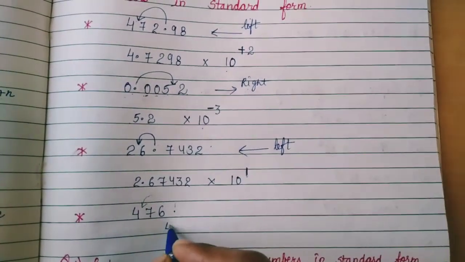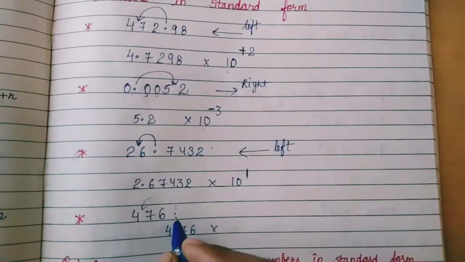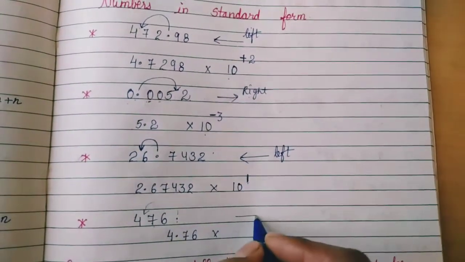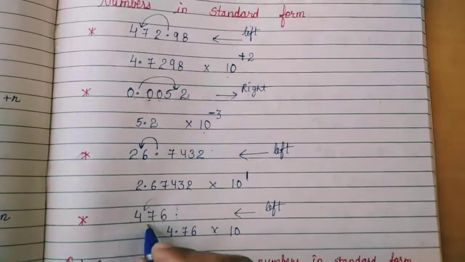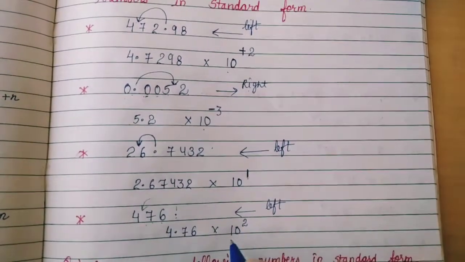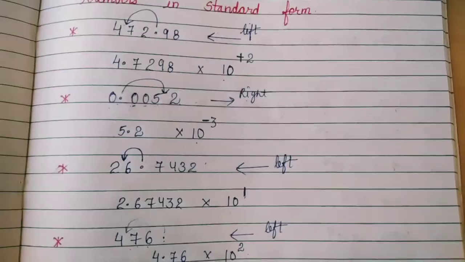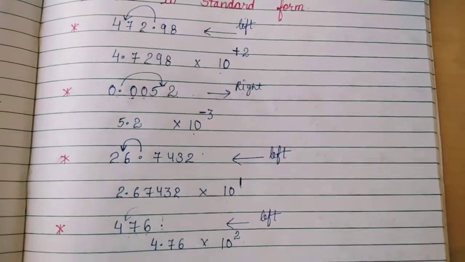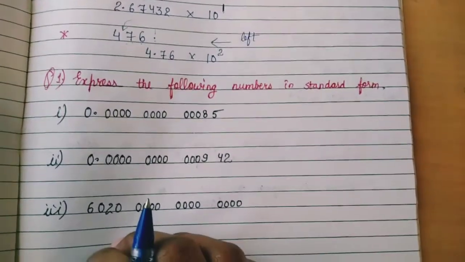So the decimal will be here, 4.76, and the decimal was in the last position and it shifted 2 places to the left. So positive 2 will be the power of 10. So the standard form is the short form of the number as a multiple of 10 raised to a power.